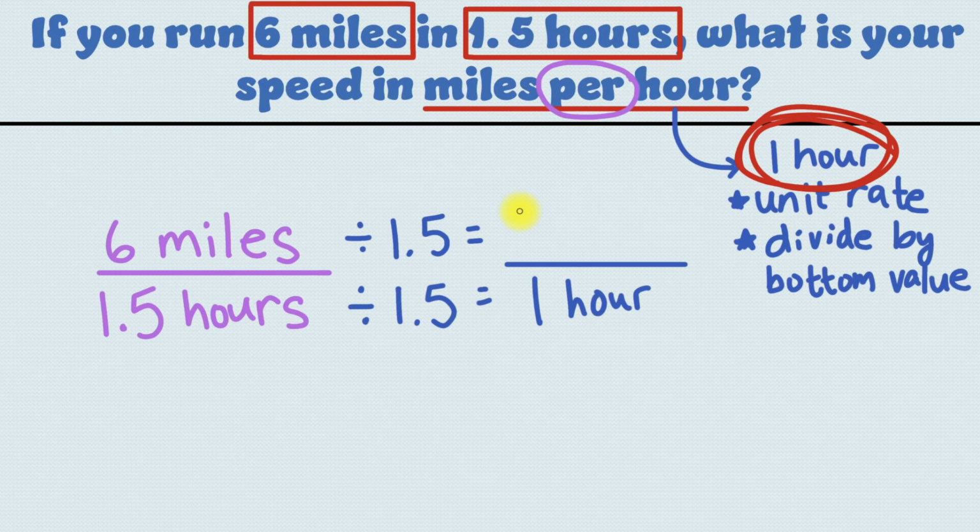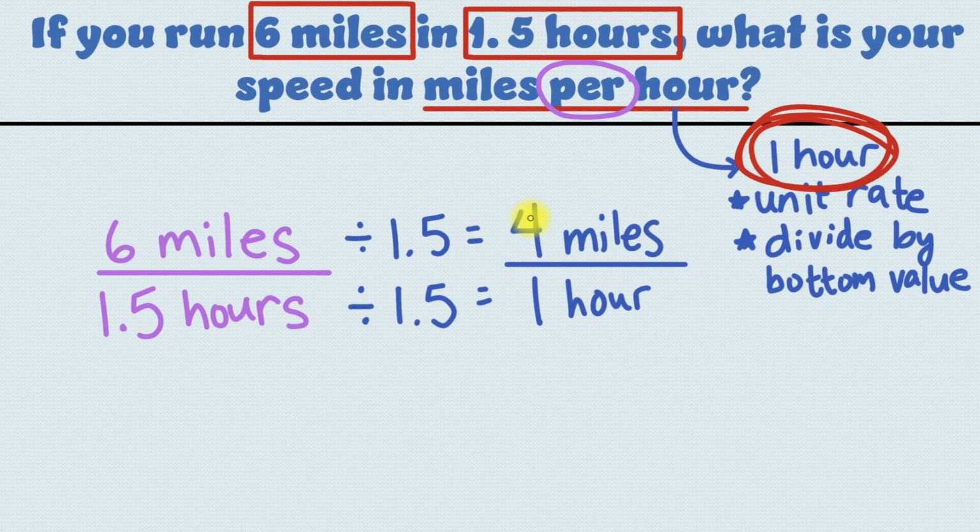So we'll write our 4 right here, and our unit of measurement will stay exactly the same. So I'll write miles right next to 4. So this means that if you can run 6 miles in 1 5/10 hours, that you'll be able to run 4 miles in 1 hour.